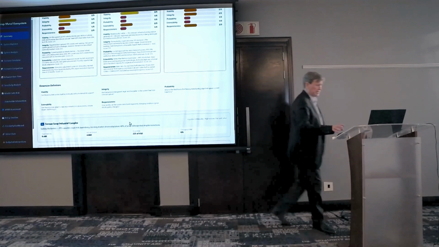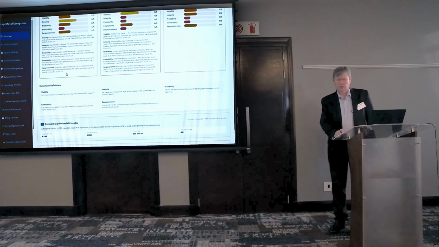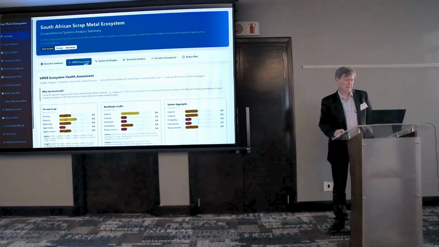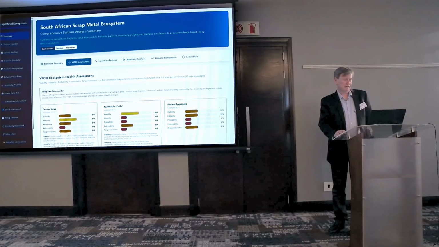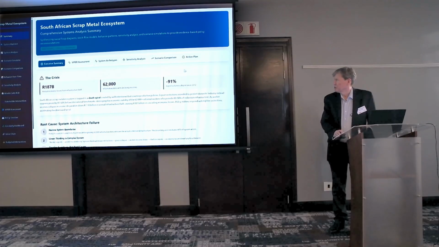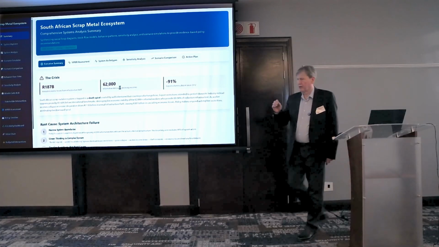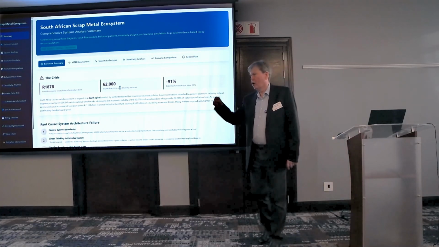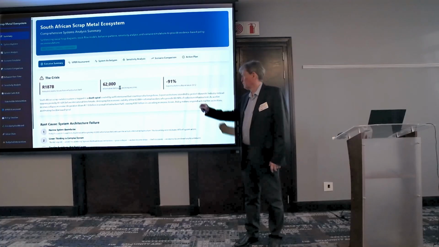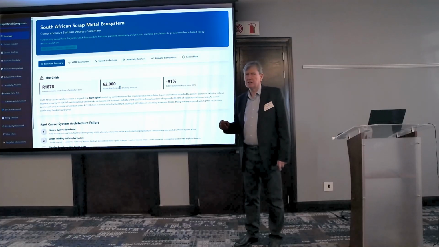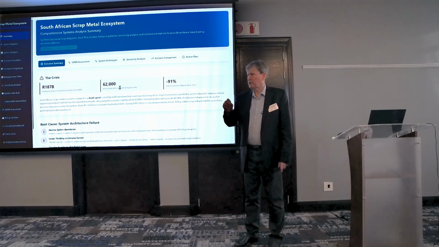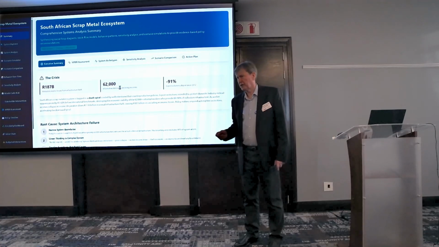I'm going to take a step back and take you through some of what I ended up doing. This is the high-level executive summary. The numbers haven't changed much, the 62,000. That's one of the difficulties in South Africa: pinning down a hard and fast number. I've heard estimates range from 62,000 to over 400,000 people impacted.